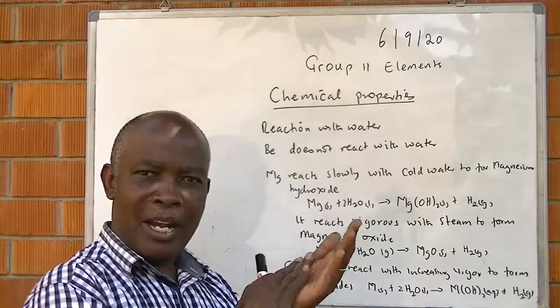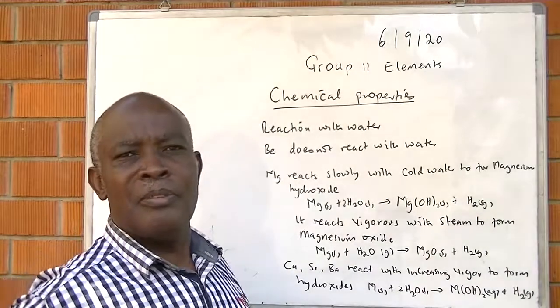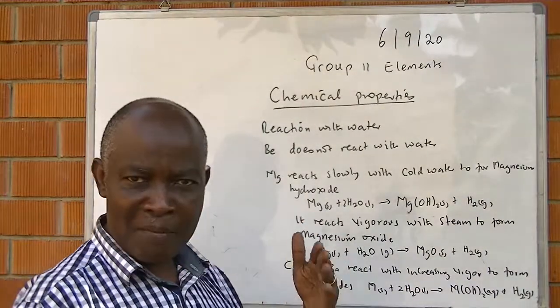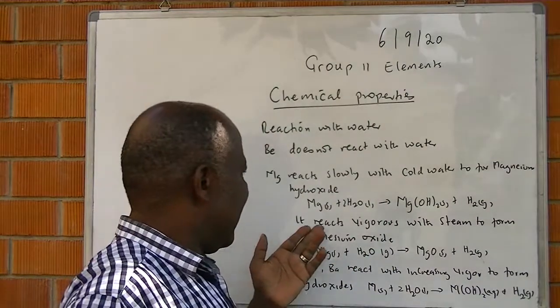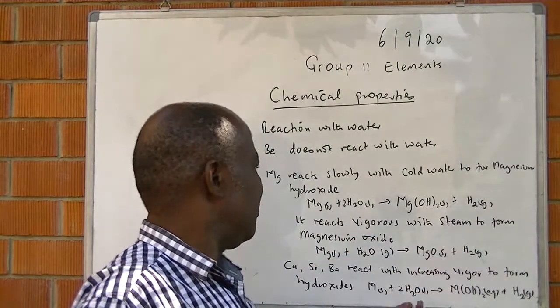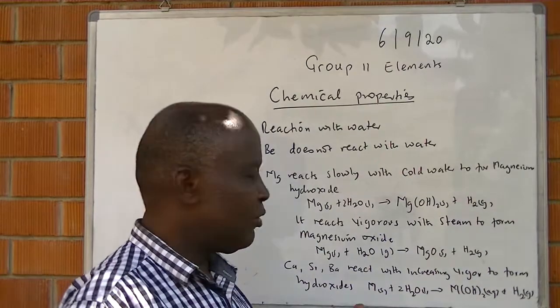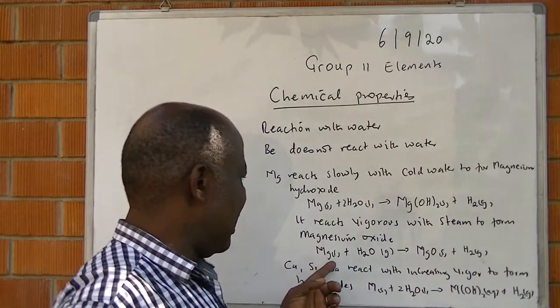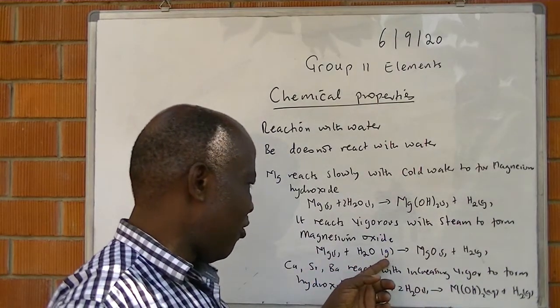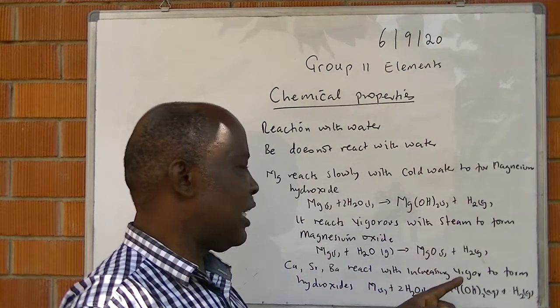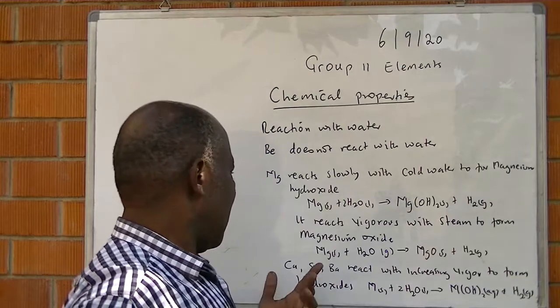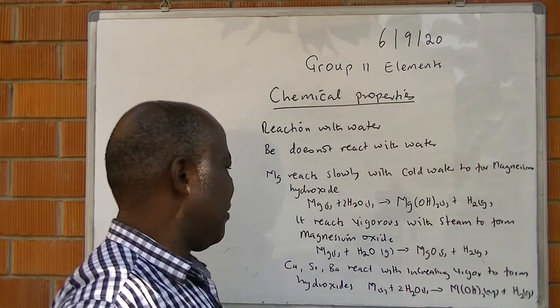But if you clean magnesium and then you put it in water, there will be some bit of reaction to form magnesium hydroxide. But it reacts vigorously with steam to form magnesium oxide. Magnesium plus water in gaseous form, because it is steam, you get magnesium oxide and hydrogen.